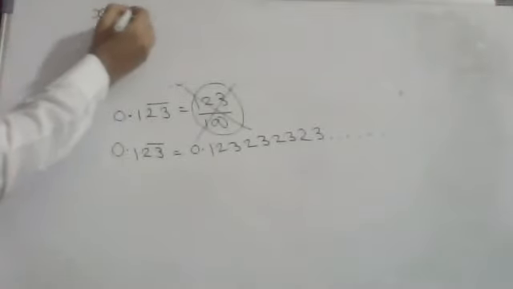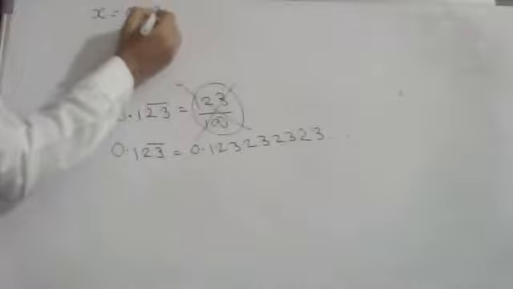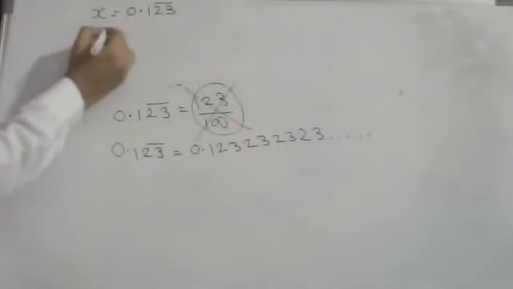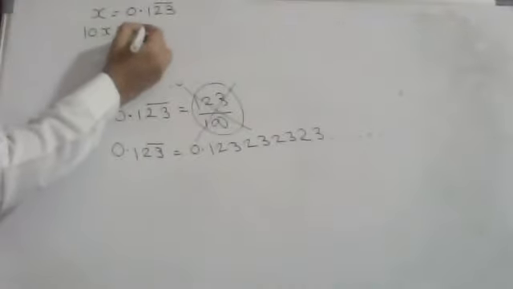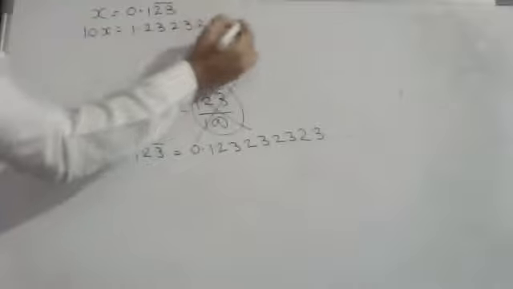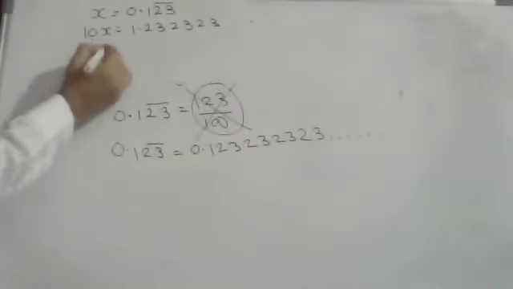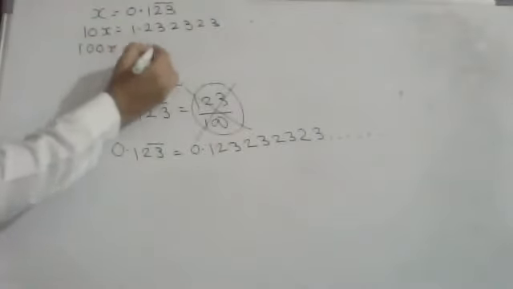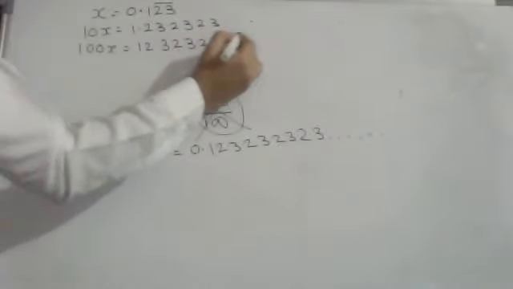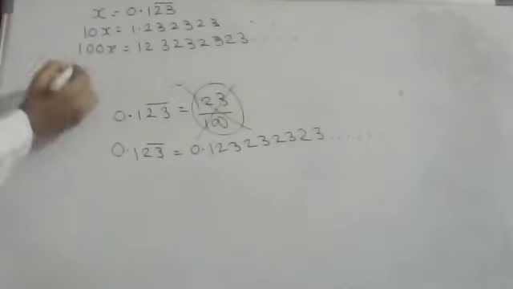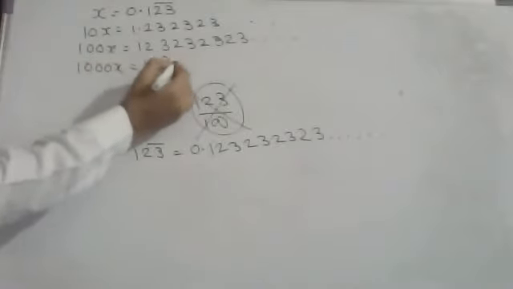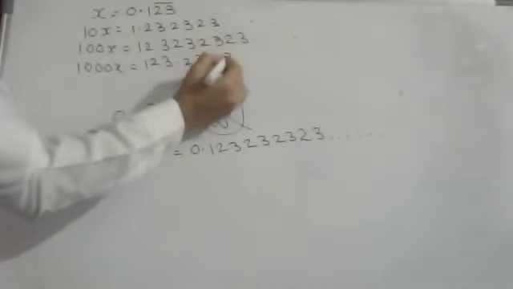We'll assume x as 0.12323 bar. So 10x is 1.2323, 100x is 12.3232323 and so on. What is 1000x? 123.232323.